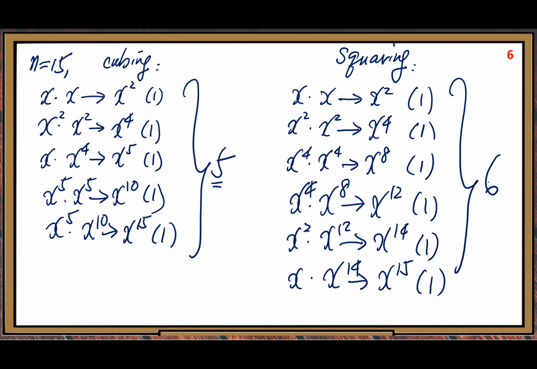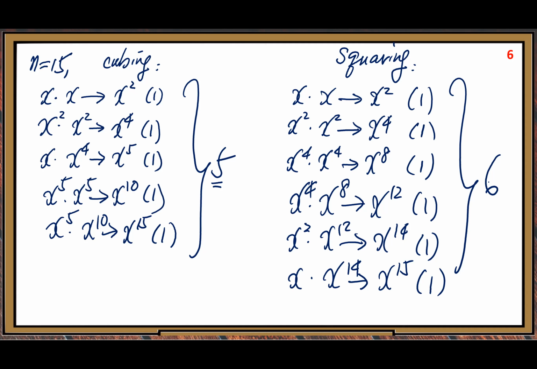Because at some point we cannot do squaring more, so we have to do multiplication using the existing numbers. So we need 6 multiplications. But repeated cubing is better in this case: 5. Look at that.